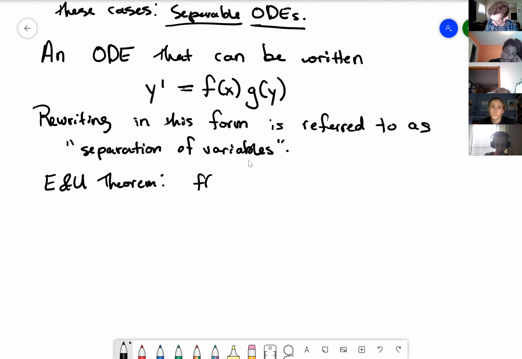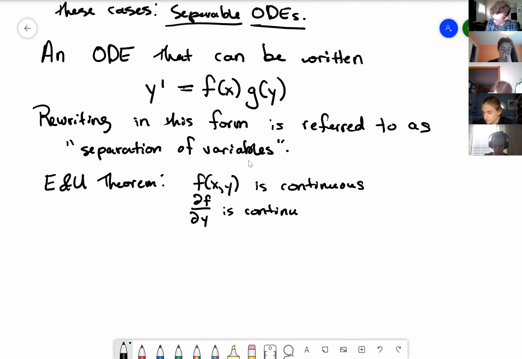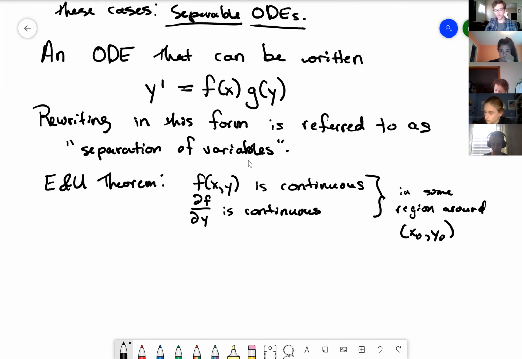Well, first, f of x, y is continuous, and the partial derivative of f with respect to y is continuous. And both of these are in some region around the point x0, y0, so our initial point, our initial condition. So we needed both of these things to be true.